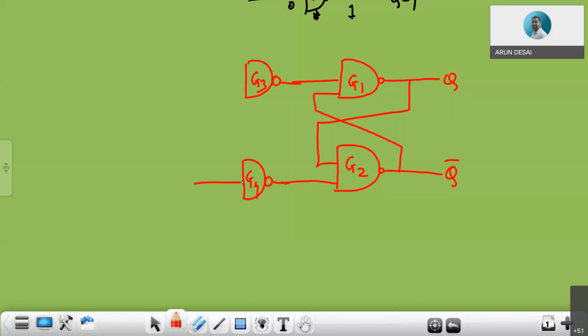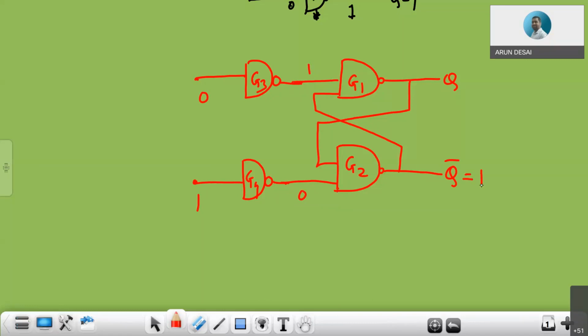In this case, suppose this is treated as 0 and 1, then it becomes 0 to 1 and this becomes 1 to 0. If it is 0, that means Q bar becomes 1, right?